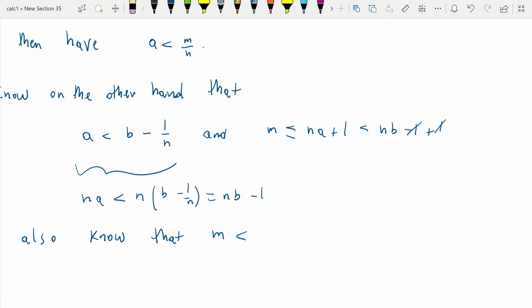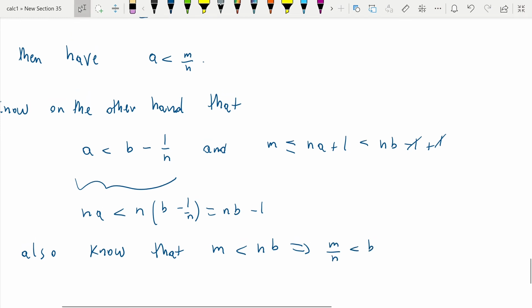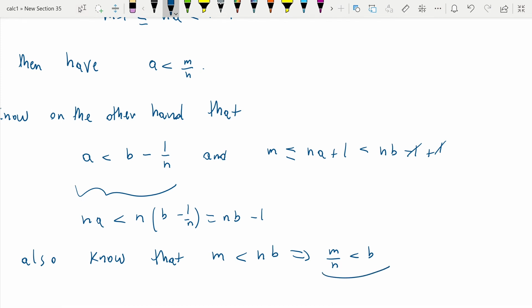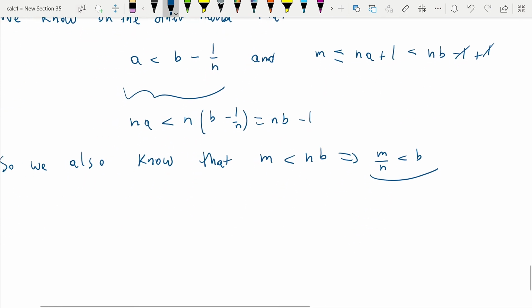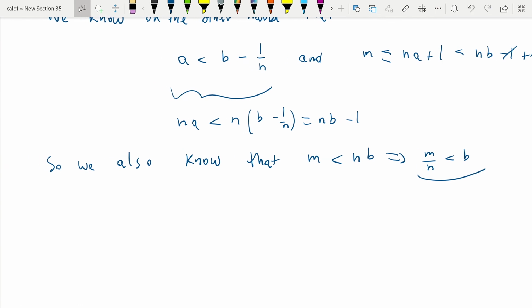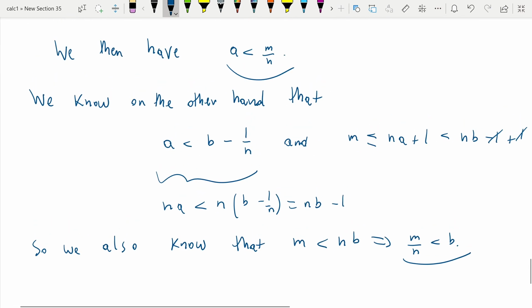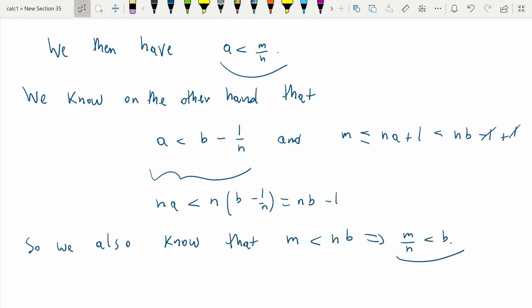Remember that na is strictly smaller than n. Na is strictly smaller than nb minus 1. This implies that m is strictly smaller than n times b. And here, if we divide by n on both sides, we get that m over n is less than b. But combining this and this, we get the existence of the desired rational.